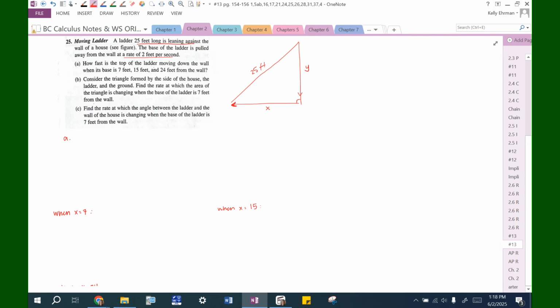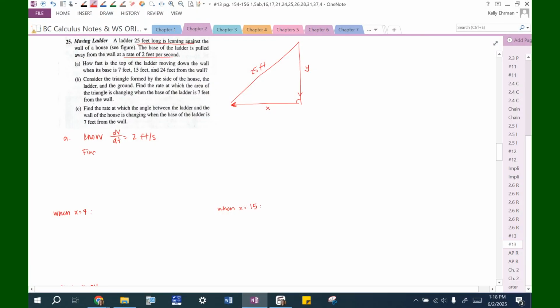So I know dx/dt is equal to 2 feet per second. And I know that it's positive because x, the distance from the base of the ladder to the wall, is increasing as it slides away from the wall.